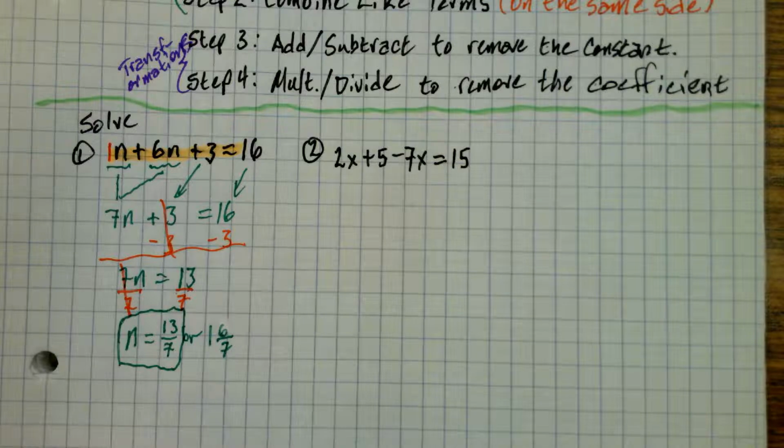Let's start looking. So what I'd like you to do is check in with your table partner and determine what do we combine? What goes together to make this shorter? So think about it a second and then talk to your partner about it. 7x and negative. Good question.